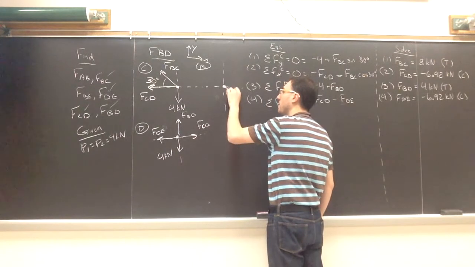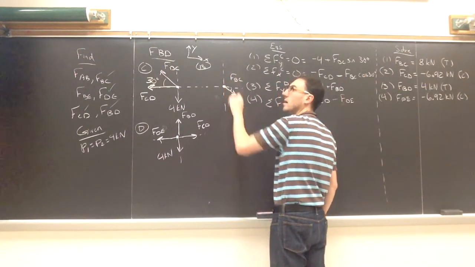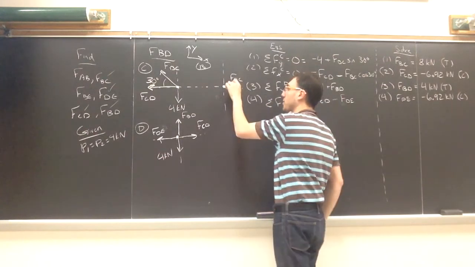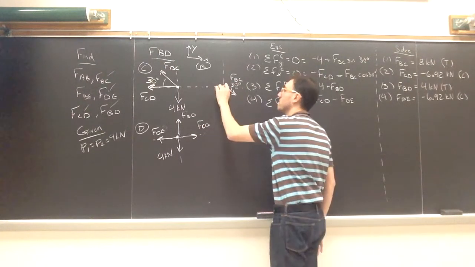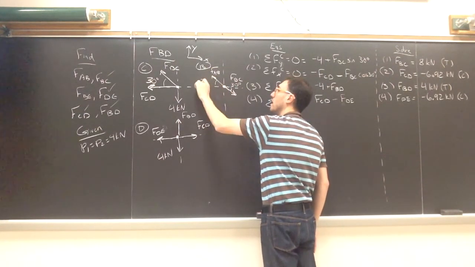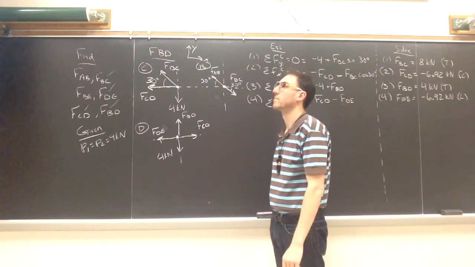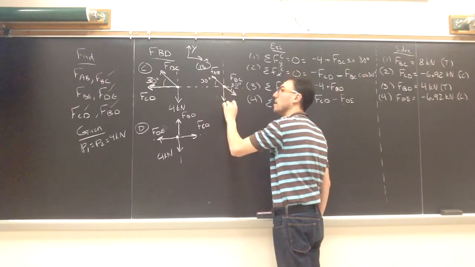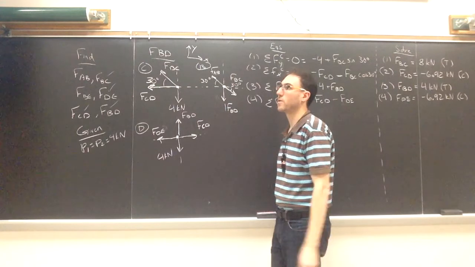I have BC, acting 30 degrees below the horizontal. AB, 30 degrees above the horizontal. BD is vertical.